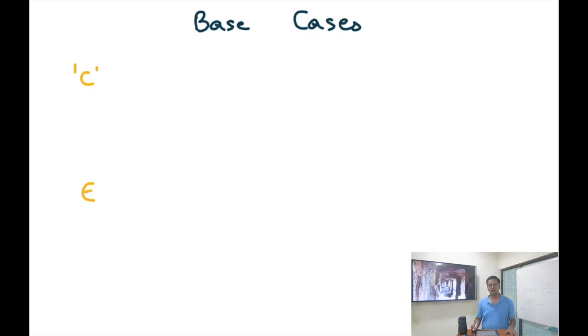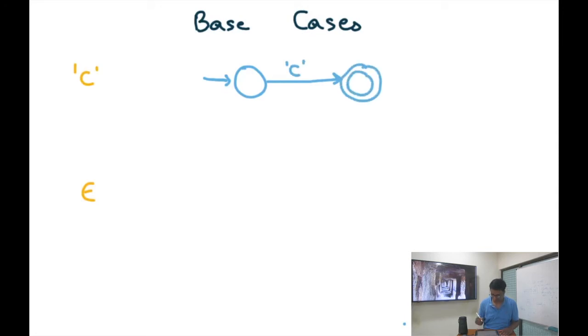So what would be an NFA that accepts the single character C? Well, it's easy. Let's do this with a blue pen. This is my start state, and on receiving the single character C, it's going to end up in an accepting state. And so this is the NFA that accepts C and does not accept any other string.